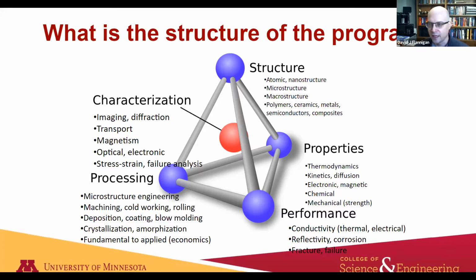So we have a structure lab, properties, performance, and processing labs as well. You take 2 of those each year, 2 in the junior year and 2 in the senior year. And then interwoven again with all of this is characterization of materials. So learning different characterization techniques to characterize all different types of properties of the materials that you're interested in. Next slide, please.